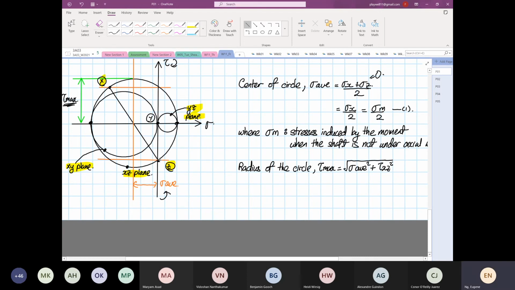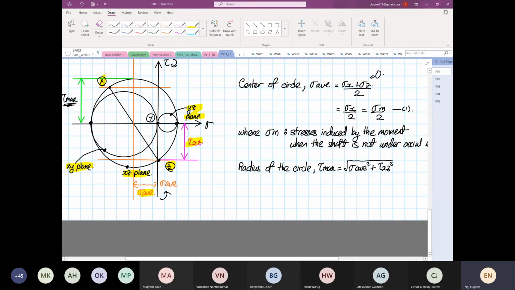The distance from here to here is our shear xz, and this over here, sorry, I'm colorblind, is our stress average.